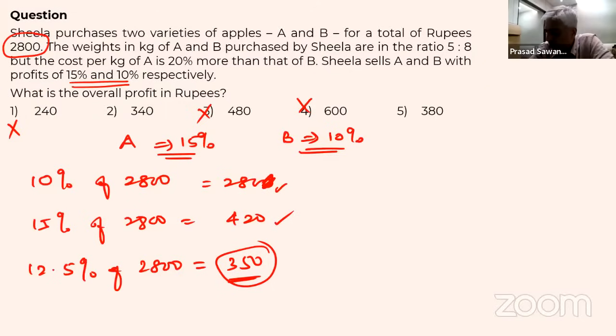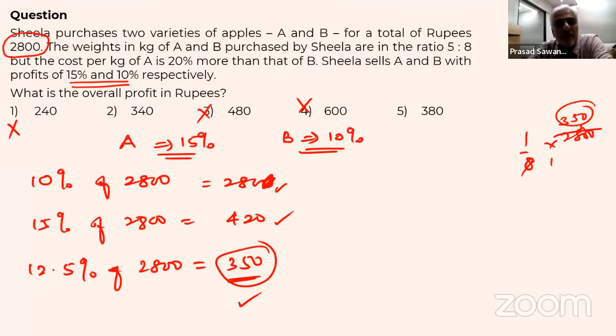Right? 350 or 340, I don't know. Just check. 12.5% is 1/8. 1/8 of 2,800. 8 3s are 24, 40, 350. Right? 350 is right. So 12.5% of 2,800 is 350.